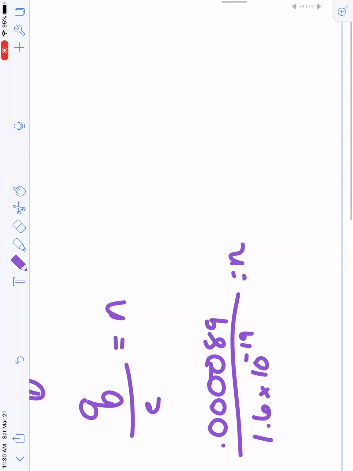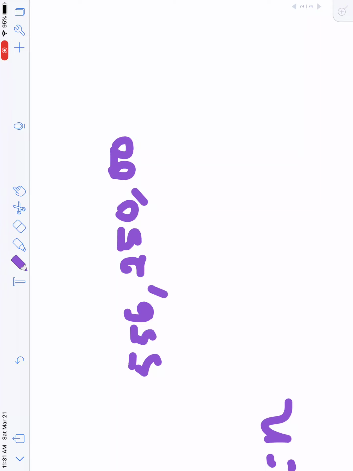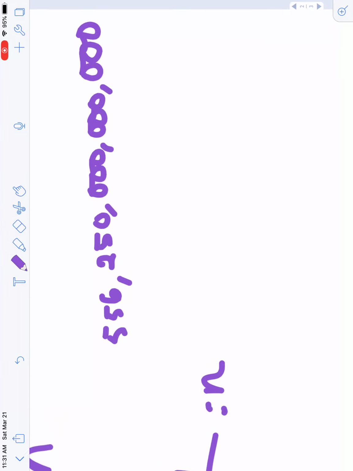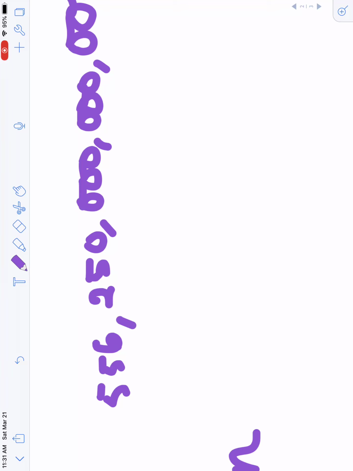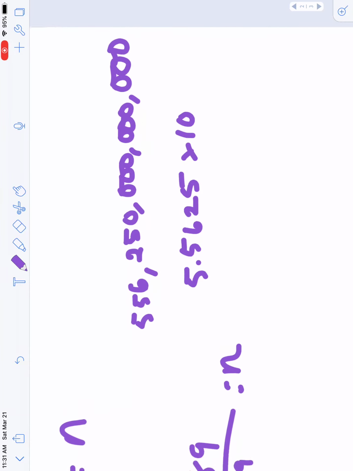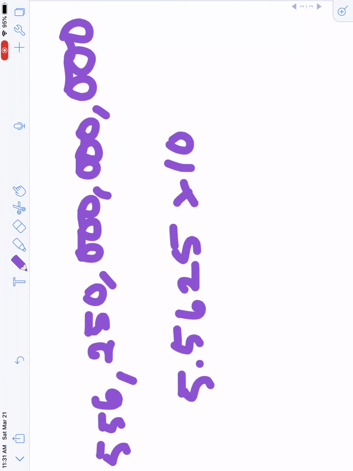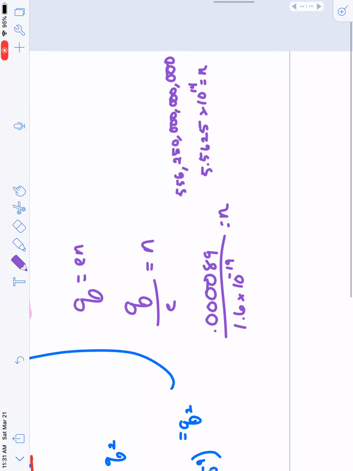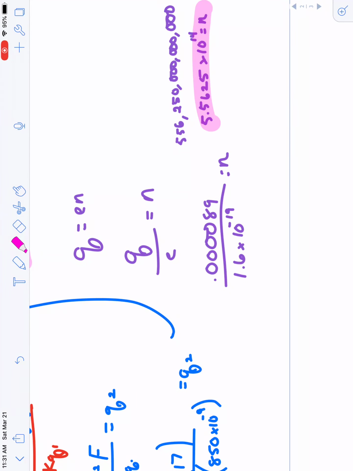We have 556,250. All right, here we do have a whole number, which means that charge is legitimate.